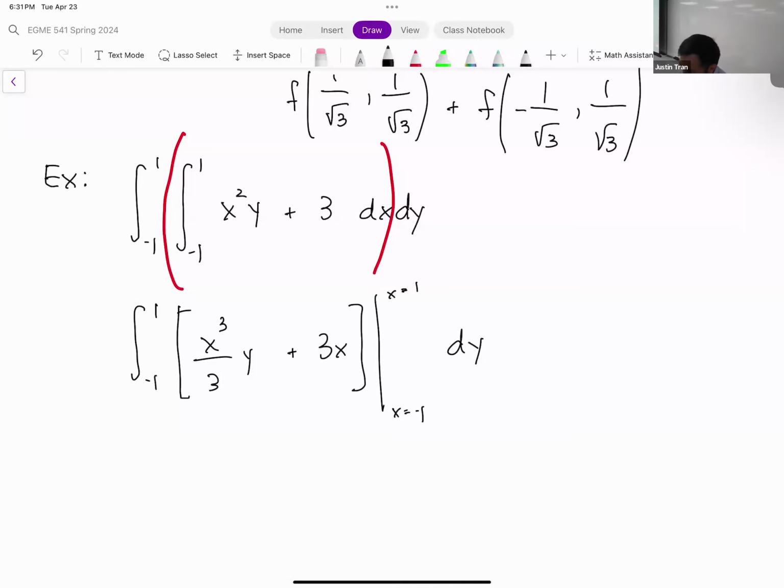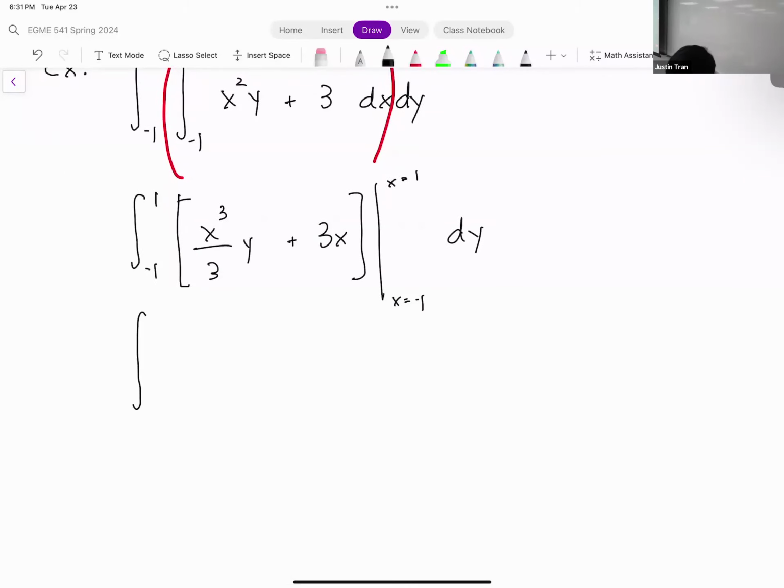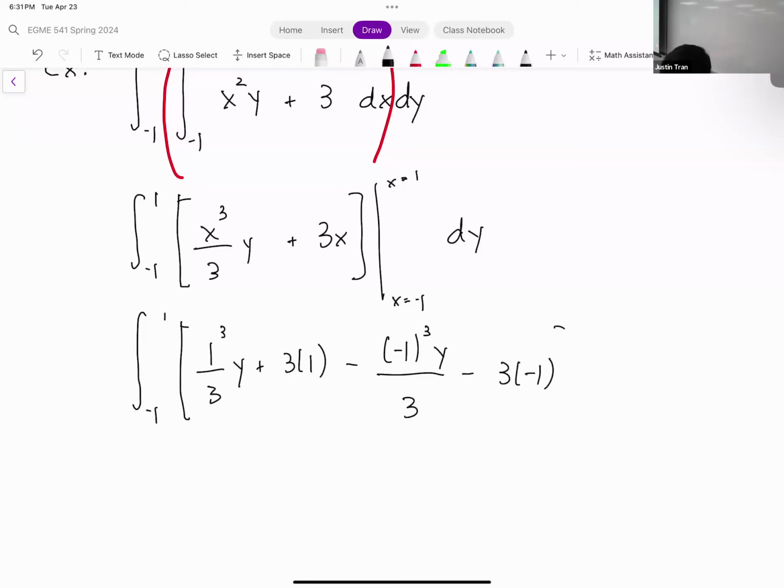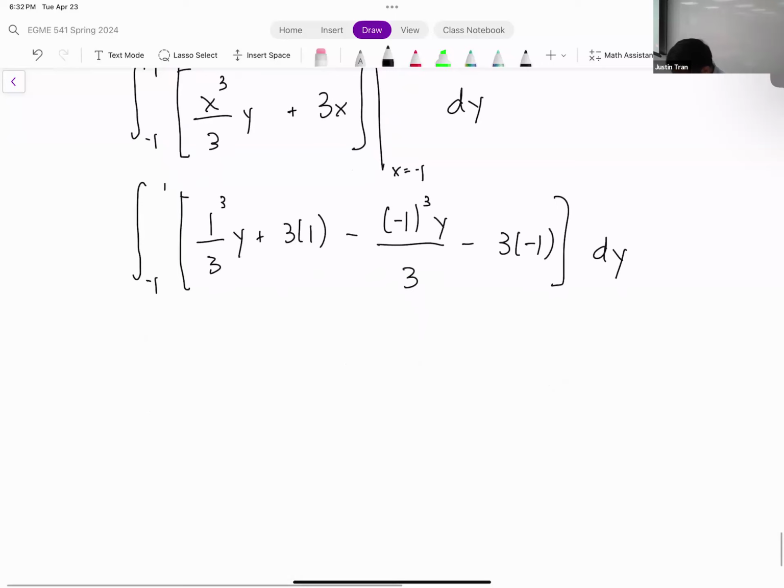If we evaluate at those integration bounds, we get +1 cubed divided by 3 multiplied by y plus 3 times 1, minus the -1 cubed times y divided by 3 minus 3 times -1, dy. And if we simplify this, we get the integral from -1 to 1 of 2y over 3 plus 6 dy.